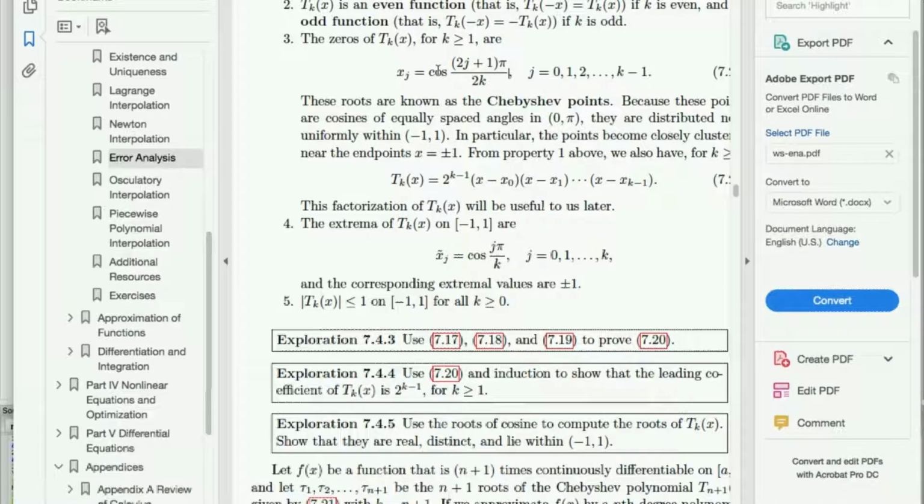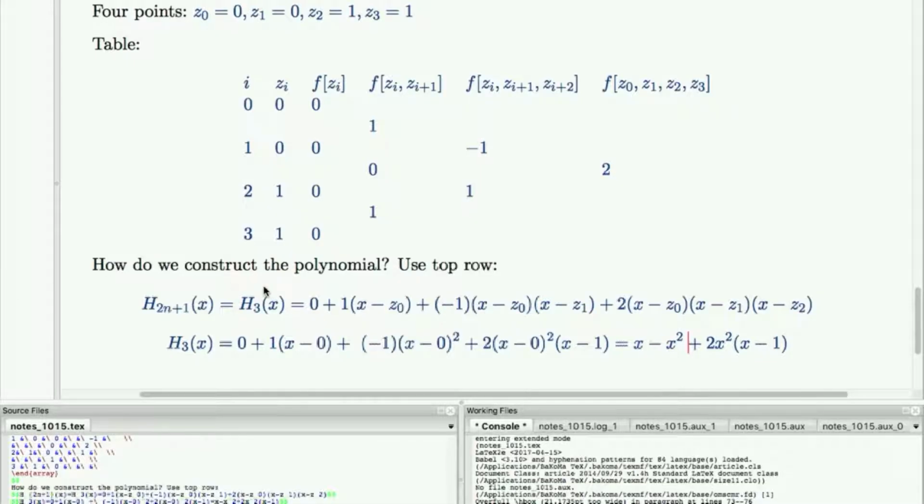So you can use that to show that the roots are distinct. What I mean by 1-to-1 is if you plug in different x's, you're going to get different y's. That's something you can use.